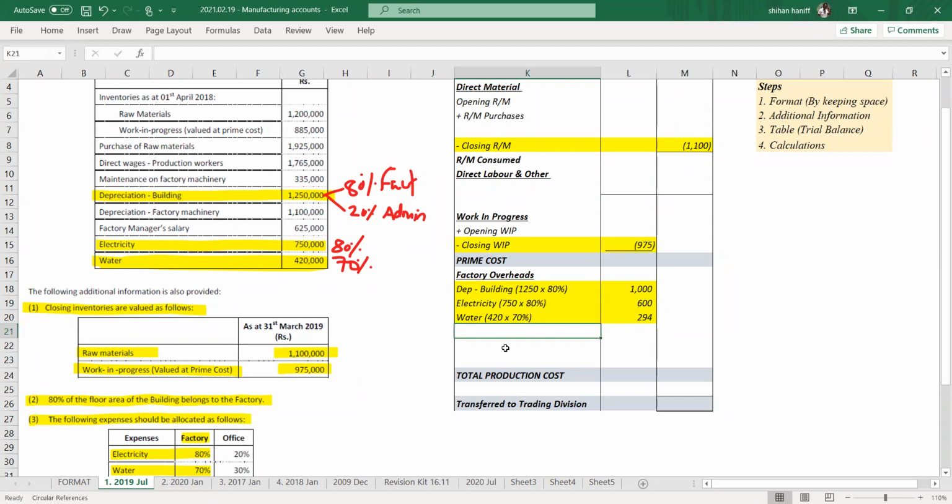The other 20% of the building comes to administration expense, income statement. Water and electricity remainders also go to the administration expense in the income statement.